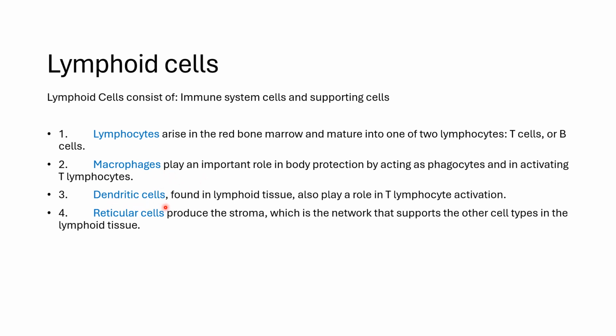Then we have dendritic cells, which are found in the lymphoid tissue and also play a role in activation of lymphocytes. And then we have reticular cells, which produce stroma, a network that supports other cell types in the lymphoid tissue. These cells are known as lymphoid cells, and they are not making lymph. They are going to mount an immune response. They are different from lymph.